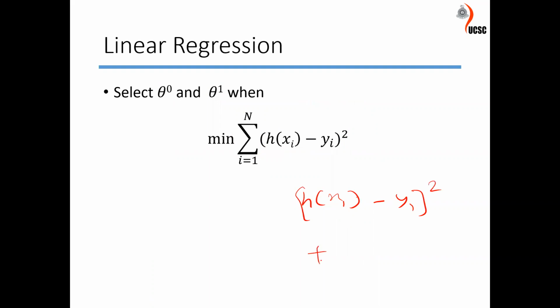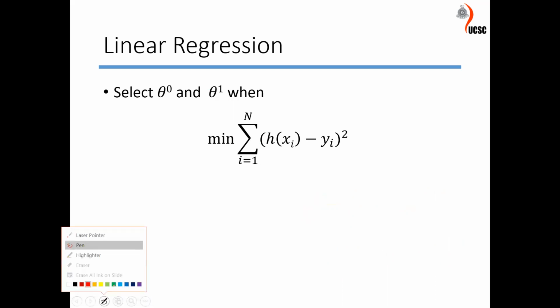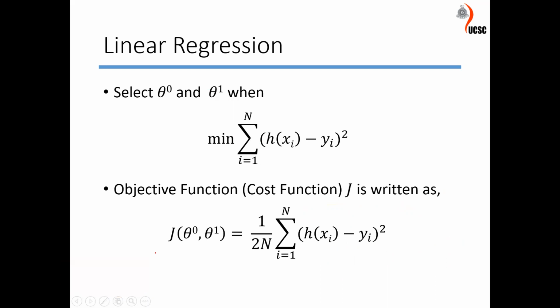Then we do this for all the data points, hx2 minus y2, then we make the square. Like that we consider all the data points and take the summation. So the summation should be minimum. So basically we can write it like this.